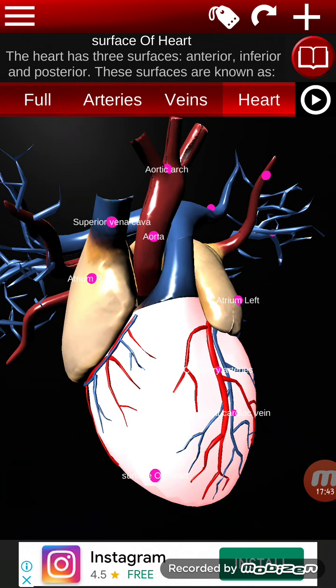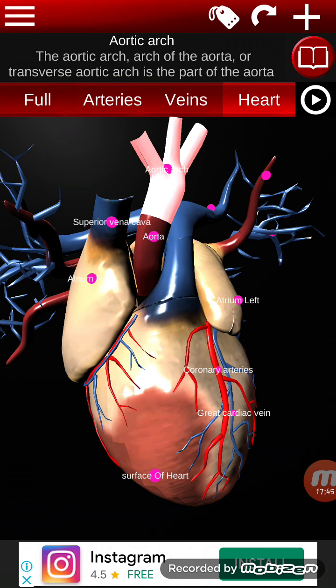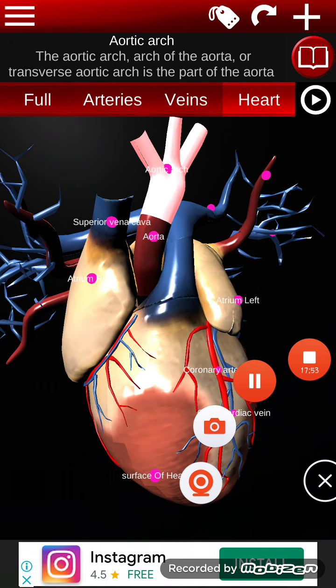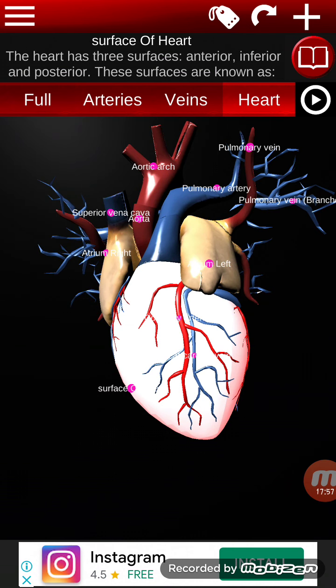See here, this is aortic arch. See here, two arches are present, pulmonary arch and systemic arch.